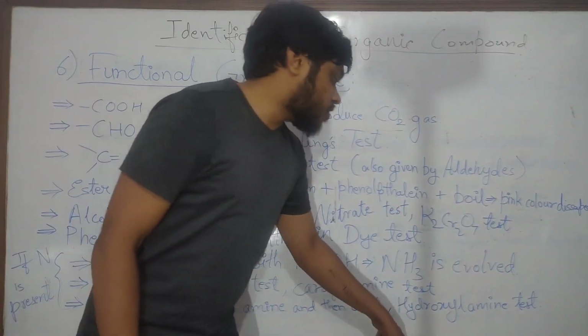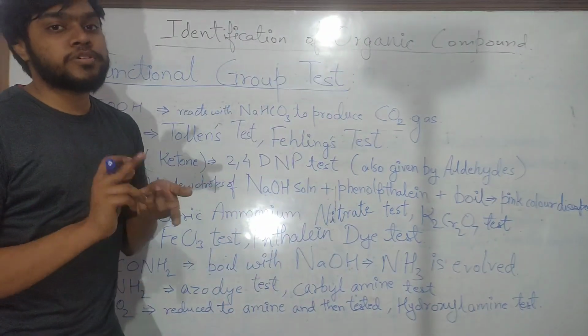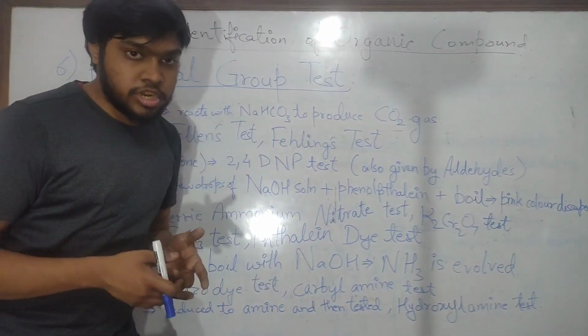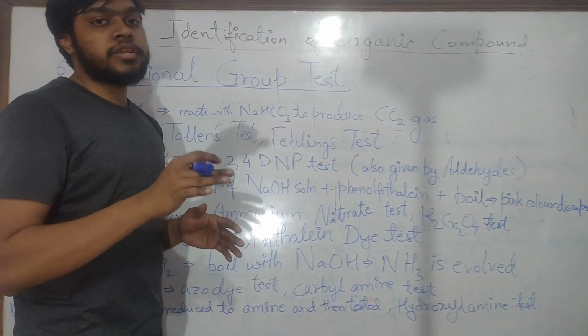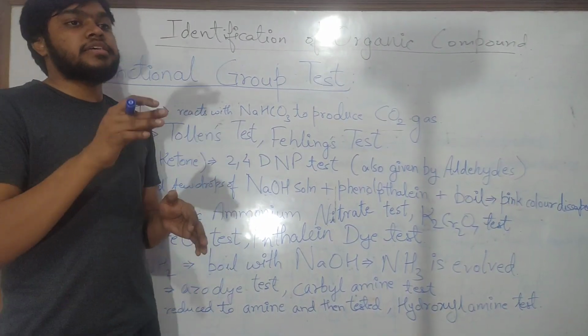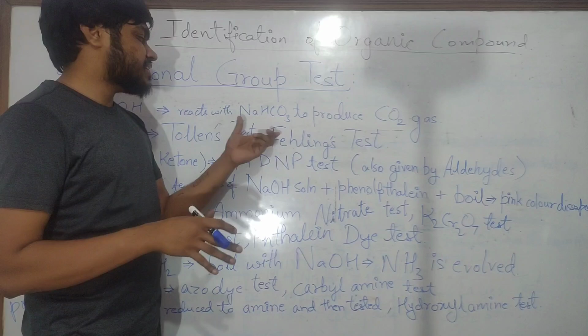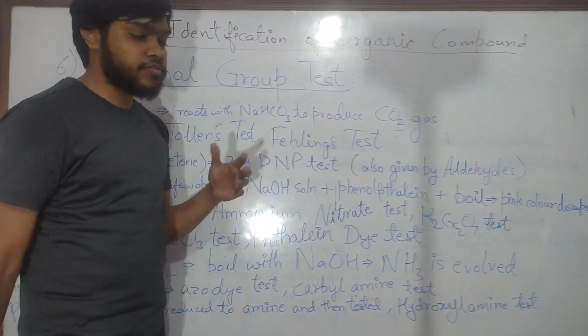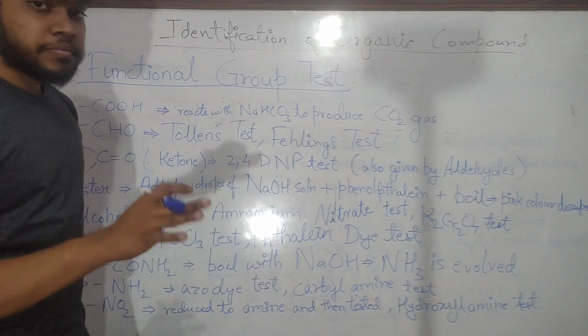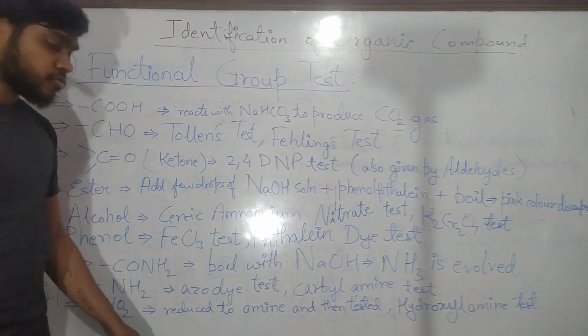Then we have the hydroxylamine test, in which the nitro group is first reduced to hydroxylamine by the action of zinc and ammonium chloride solution, and then we test for hydroxylamine by silver nitrate solution or Tollens' reagent. In that case, we get a silver mirror or a black precipitate of silver. By that we confirm the presence of the nitro group.